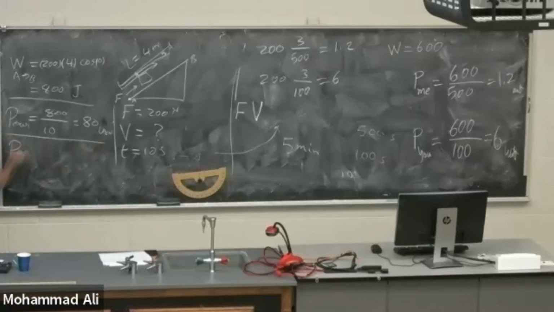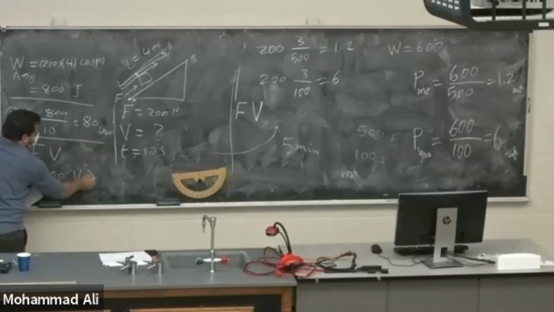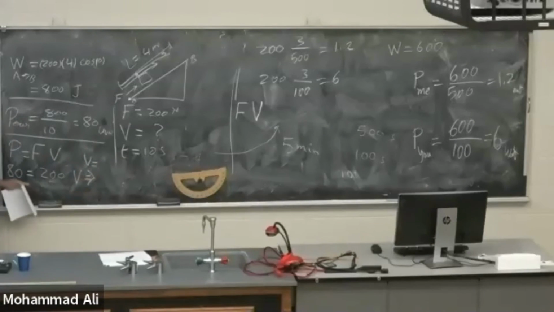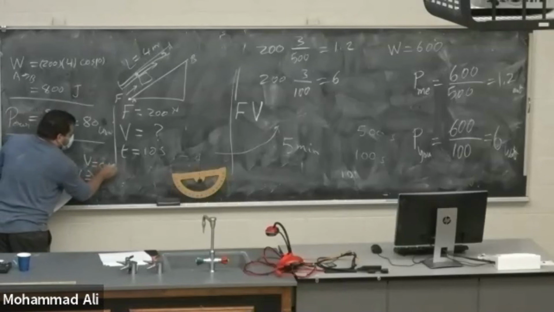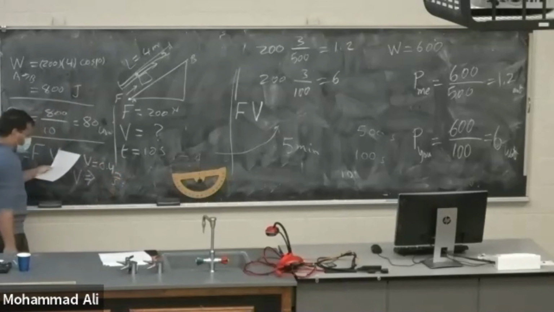I have the power is equal to the force multiplied by v. I know the force. I know the power. I need to find the velocity. The power is 80. The force is 200, multiplied by velocity. The velocity is equal to how much? 80 over 200, which is 0.4 meter per second.